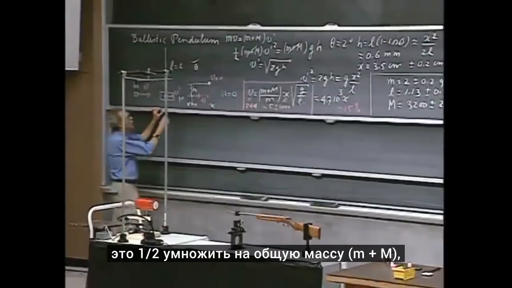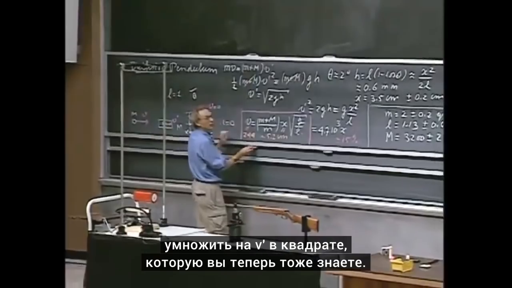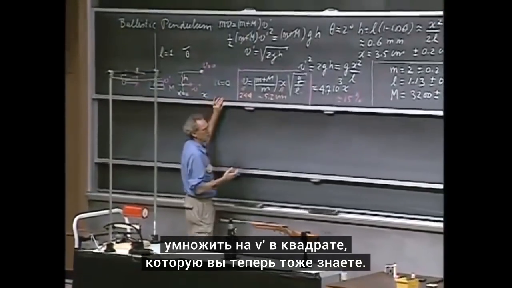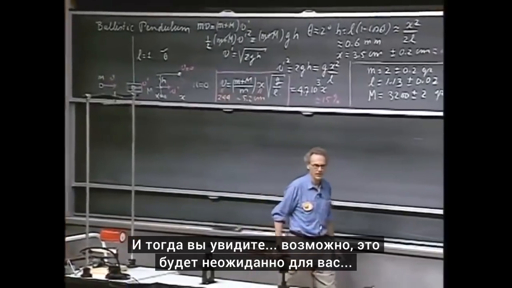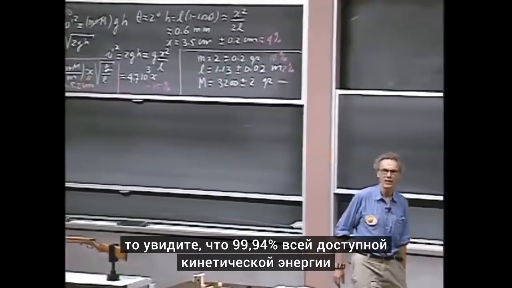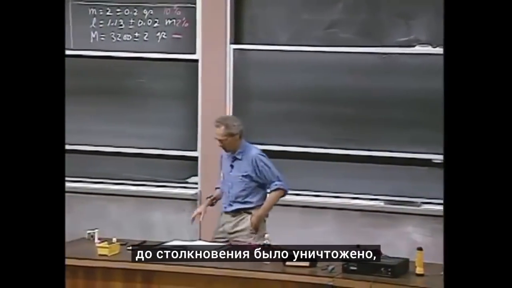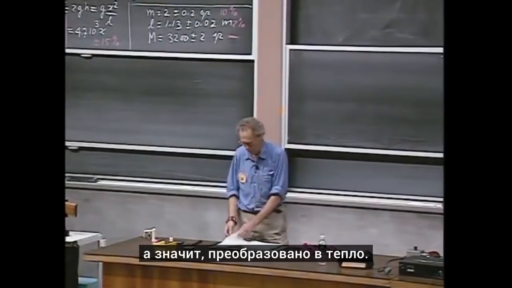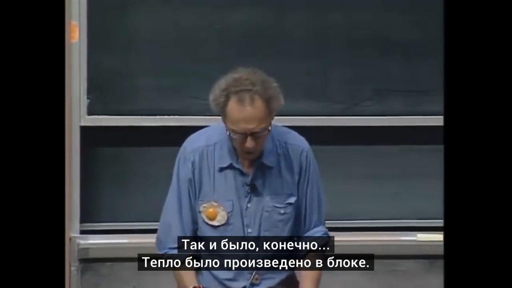That's 1/2 times the total mass, m plus M, times v prime squared, which you also know now. And so you will see then, perhaps to your surprise, that if you compare the two, 99.94% of all available kinetic energy before the collision was destroyed and therefore was converted to heat. The heat was produced in that block.